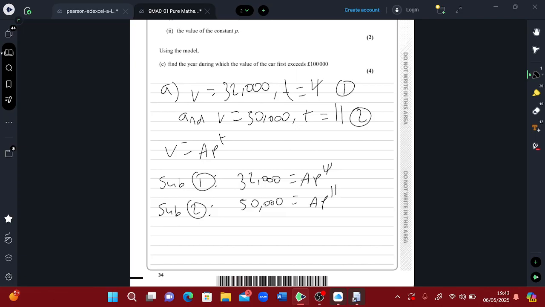Now, you could do it by substitution. I guess you could rearrange it and say divide by P to the 4, that's your A, and then substitute that A into there.